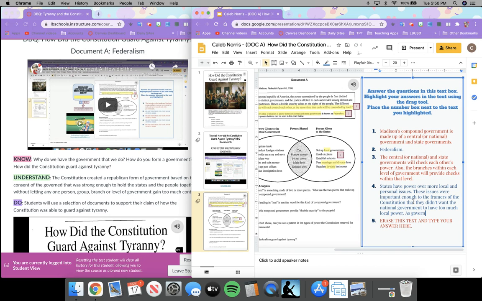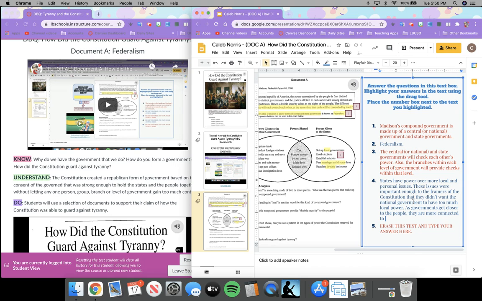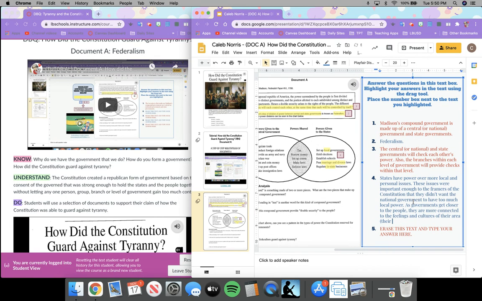As governments get closer to the people, so it goes from national down to state, down to city, right? They are more connected to the feelings and cultures of their area. And then in parentheses, I'm going to put their citizens.